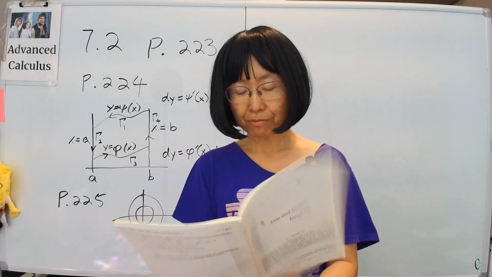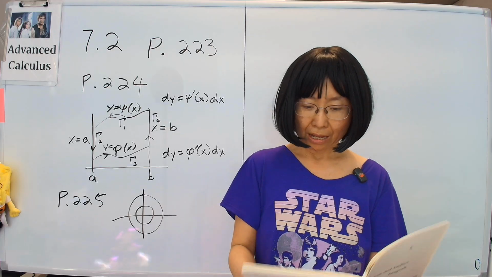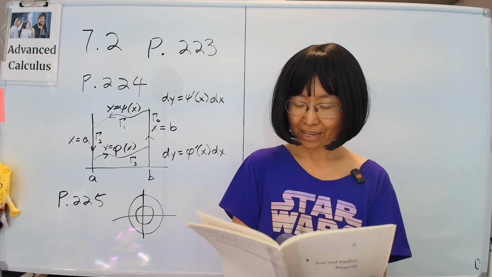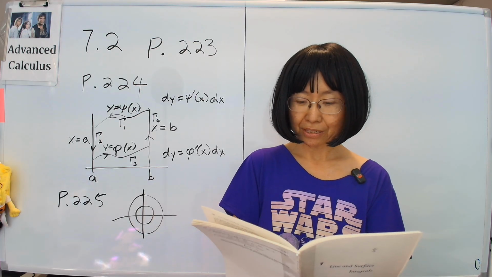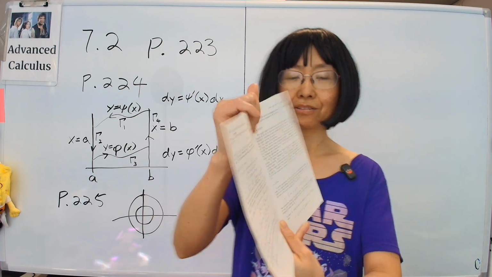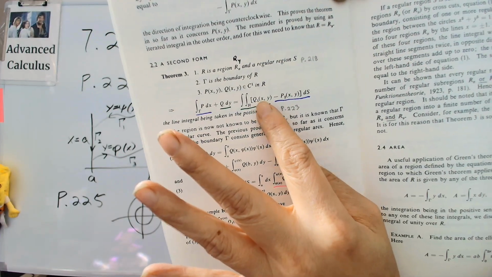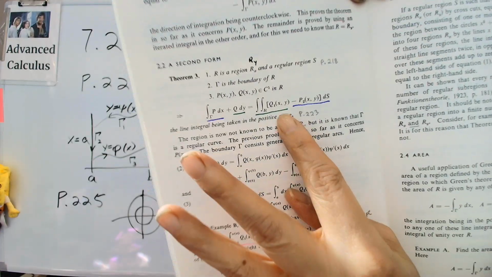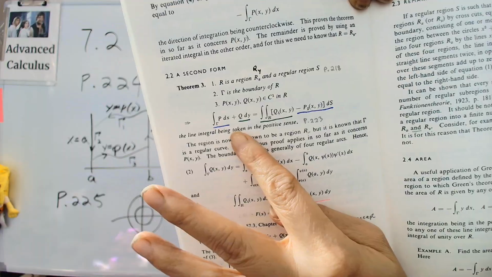So next, we will look at subsection 2.4, where we are trying to find the area of regions. To find the area of something, we use Green's theorem, and we let either Q equal 1 and P equal 0, or P equal 1 and Q equal 0. That will give you a formula.